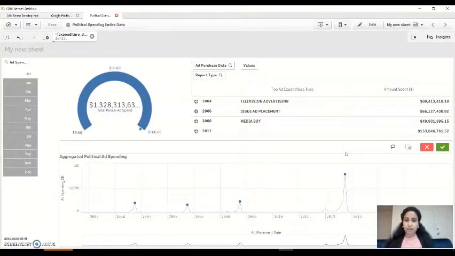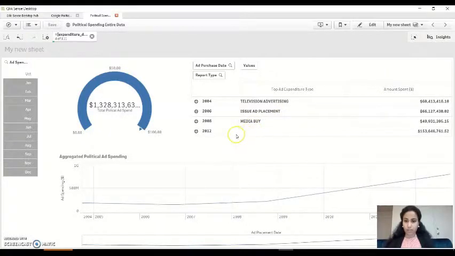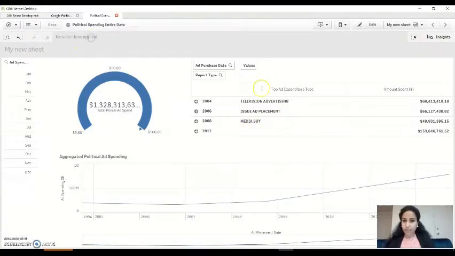That's because a lot of political events and political elections happen during October or near October. On the right side, we have a table that represents media spend by the expenditure type. If we look at the data over here, let's go to this graph and filter it.